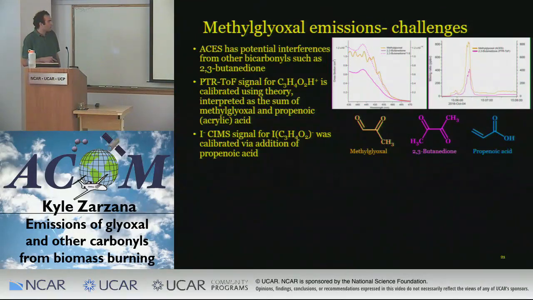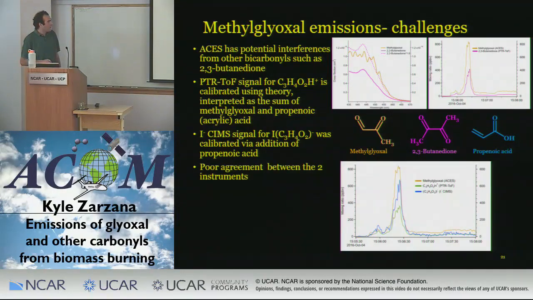The I- SIMS also measures propanoic acid, and they did calibrate that by doing standard additions with a liquid calibration unit after the campaign, but there's really poor agreement between these three instruments. So the ACES methylglyoxal is here in the orange, the I- acrylic acid is here in the blue, and both of those are a lot bigger than the PTR-TOF signal at C3H4O2.